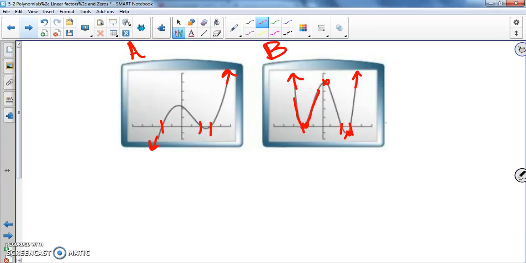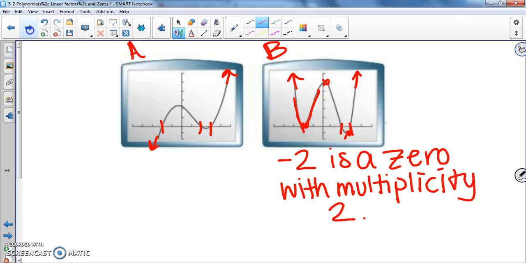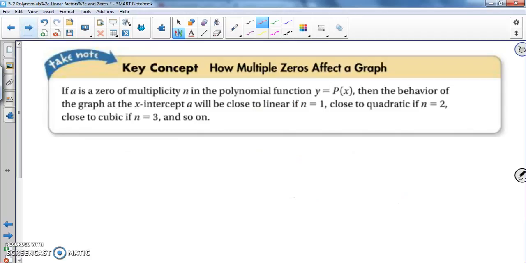In general, a is a 0 of multiplicity n means x minus a appears n times as a factor. So here we had -2 is a 0 with multiplicity 2.